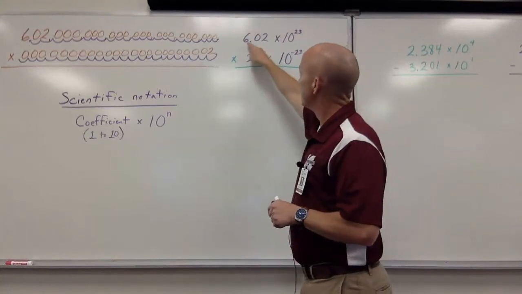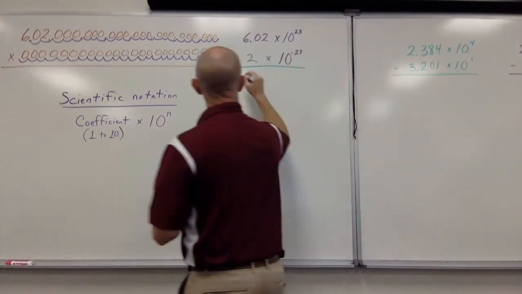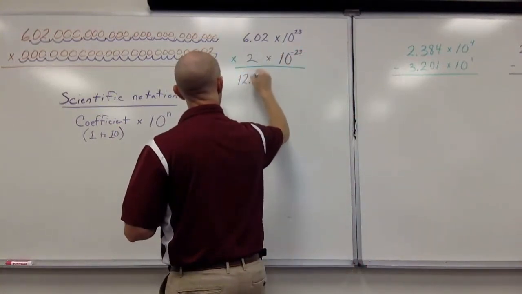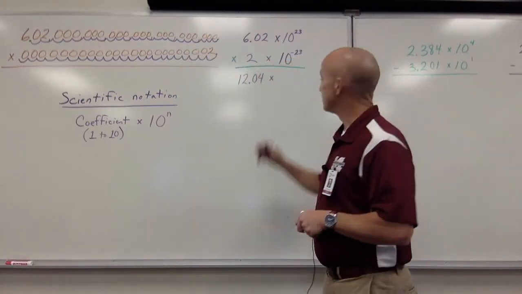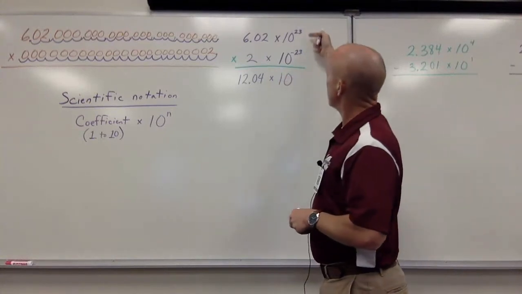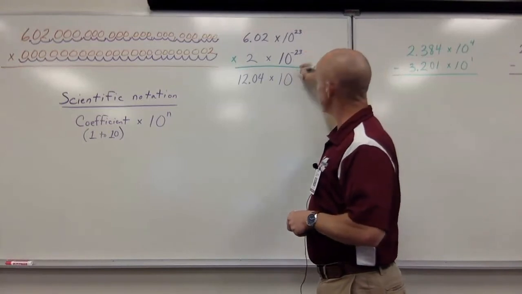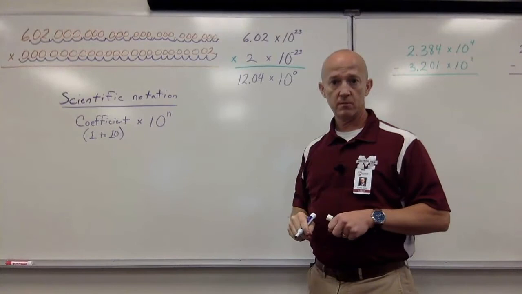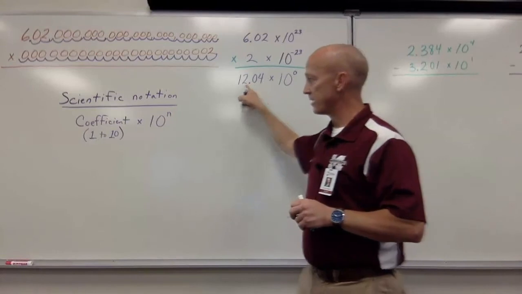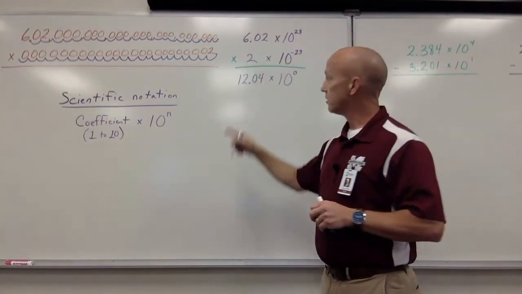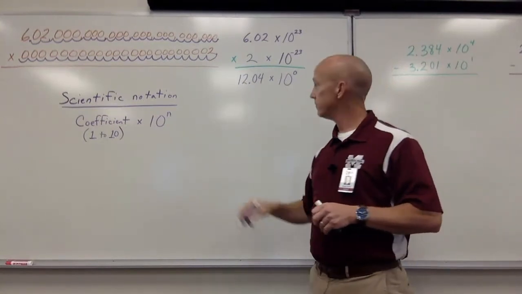So we have 6.02 times 2, and that gives us 12.04 times 10 to the what? 23 plus minus 23 is 0. However, we still have our decimal in a place that gives us a number that's not between 1 and 10. So what do we do? We're going to move it 1 place to the left.